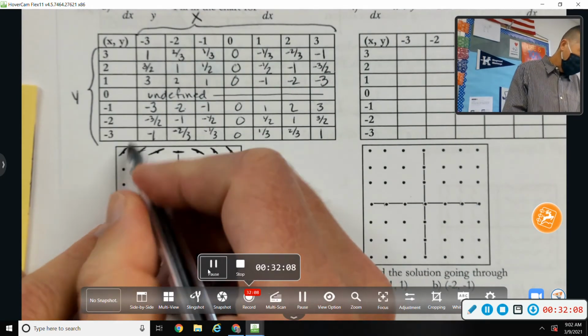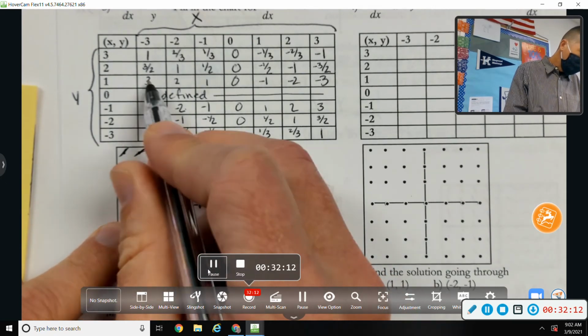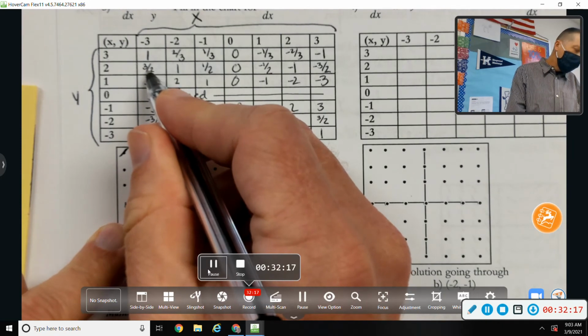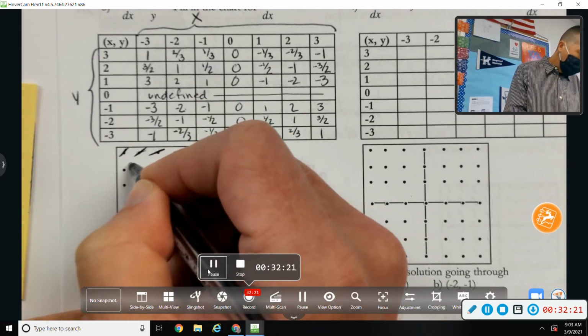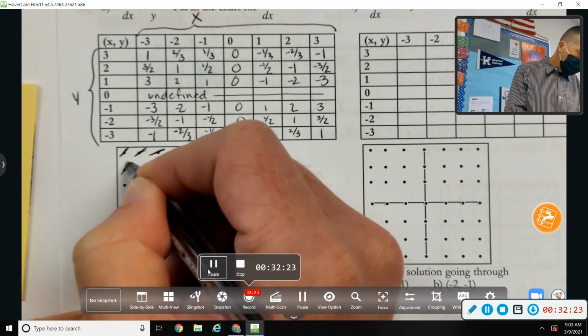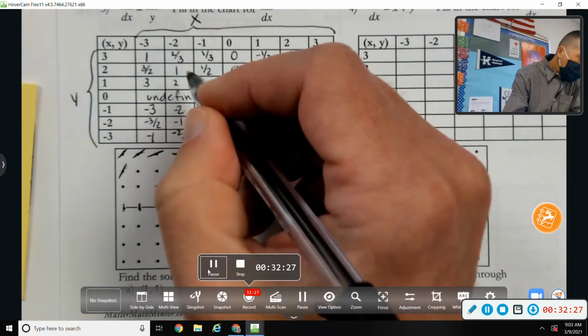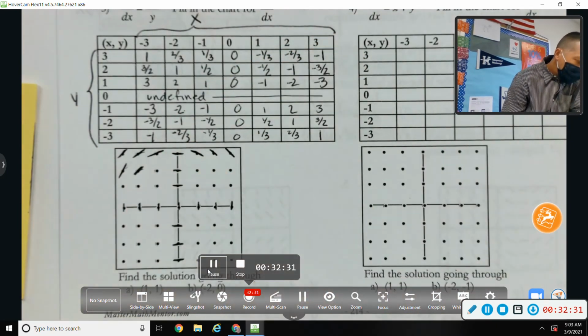Next row. At negative 3, 2, our slope is 3/2. Or that's 1.5 if that helps. So there's a slope of 1. I just want to tweak that up just a little bit. Next one over is a slope of 1. I like that. That's an easy one to do.